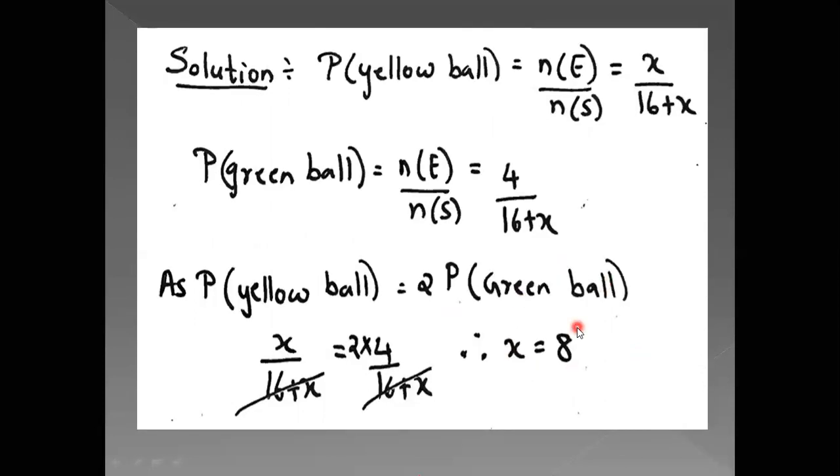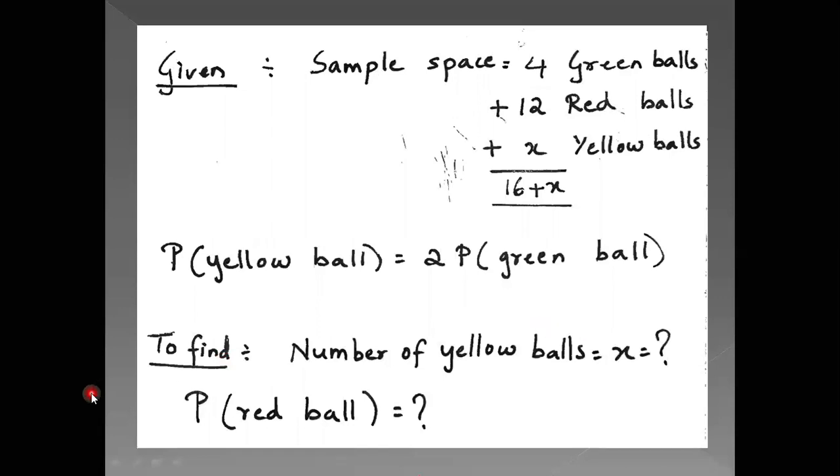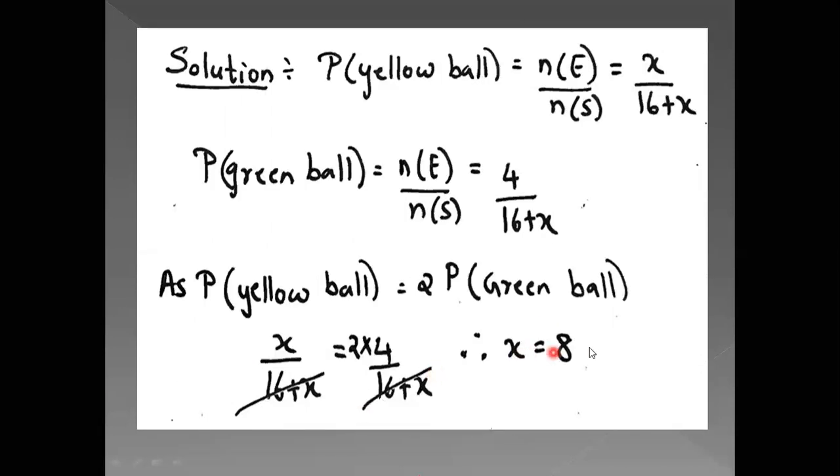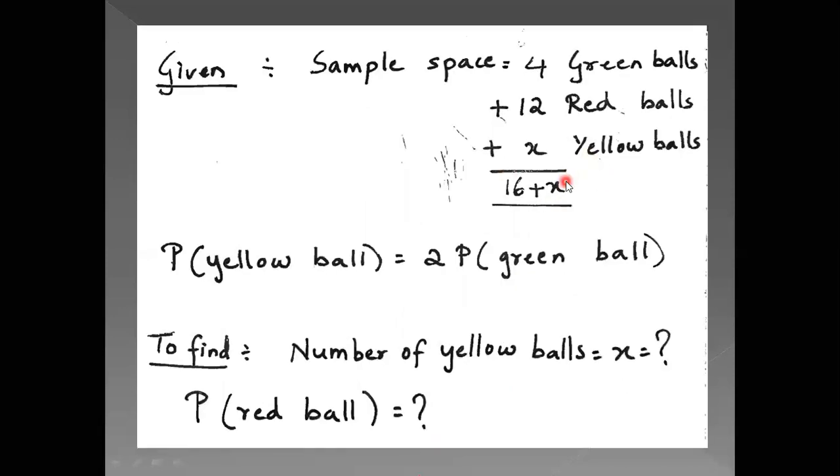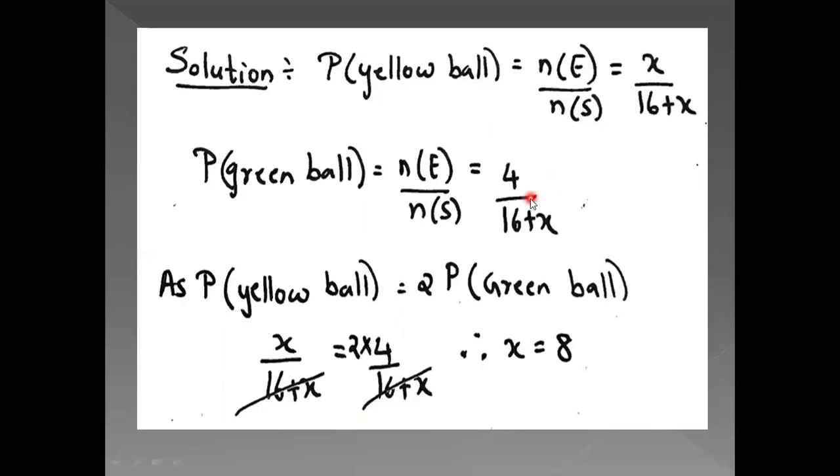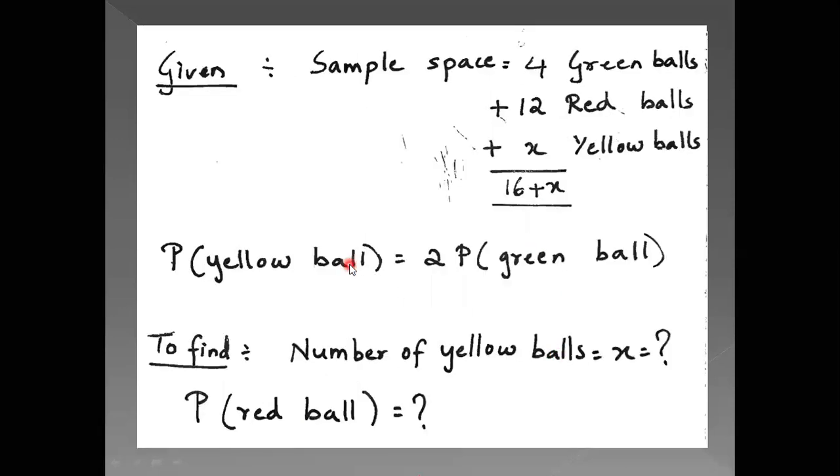Now children, here they have said you have to find the probability of red ball. Once you get x, you will be able to substitute it in the sample space 16 plus x. So 16 plus 8 will give you the value, and then you find the probability of red ball: the number of events for red ball is 12 upon 16 plus x, which is the sample space.